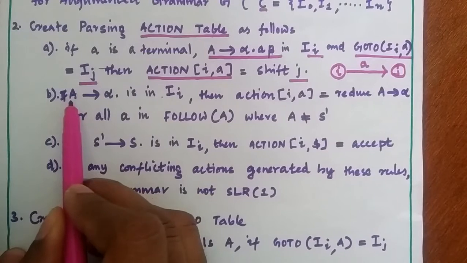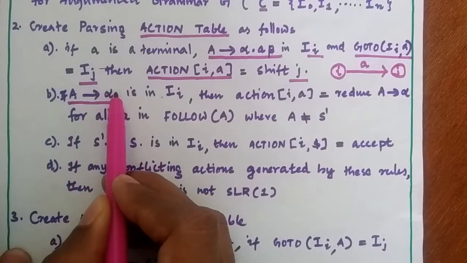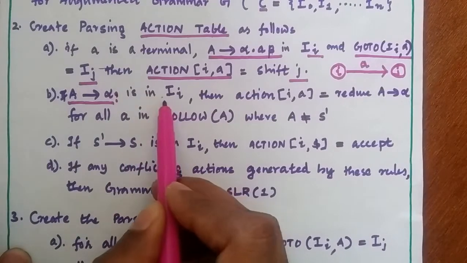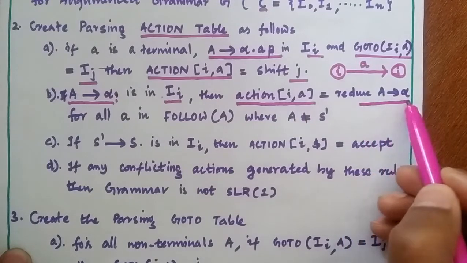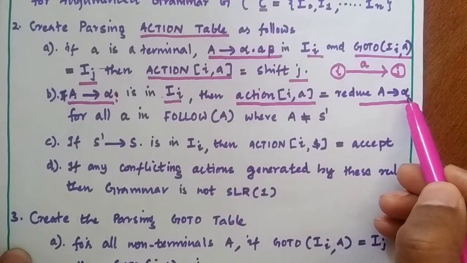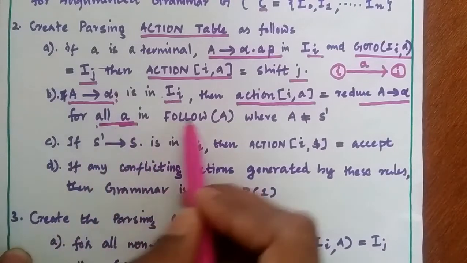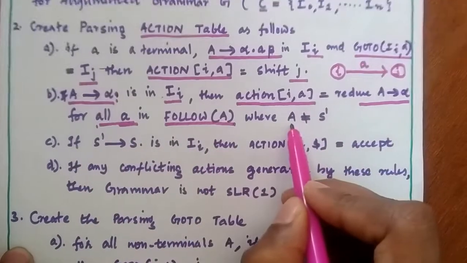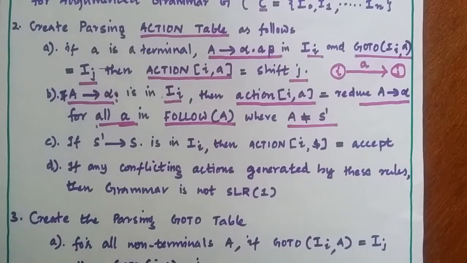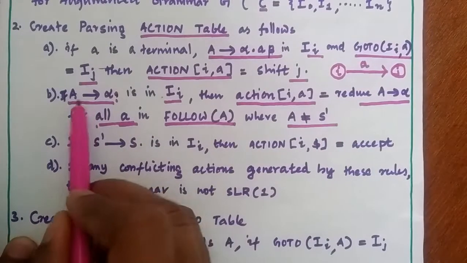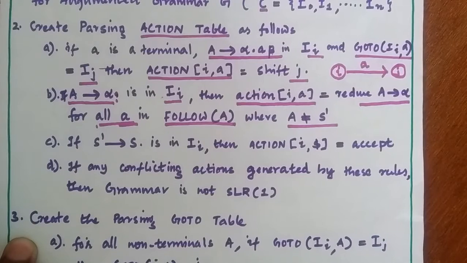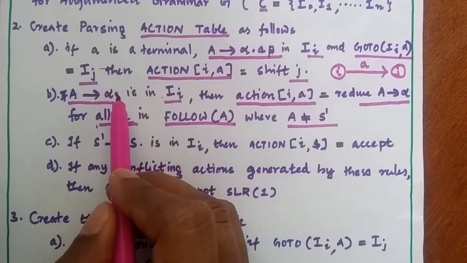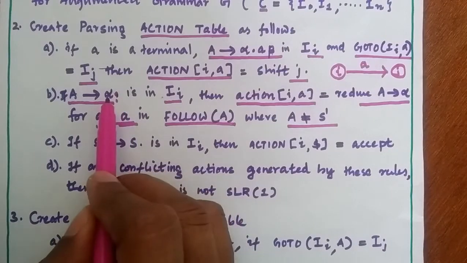Rule 2b is: if A gives alpha dot, with the dot at the end, is in Ii, then action[i, a] is equal to reduce A gives alpha for all a in follow of A, where A is not equal to S dash. So we need to identify the follow sets. If we have an item of the form A gives alpha dot, the dot is at the end of the body, so the meaning is we have seen all the symbols of alpha so far.